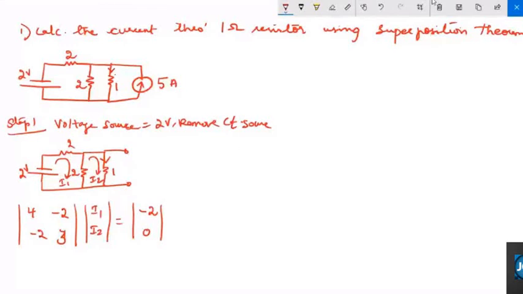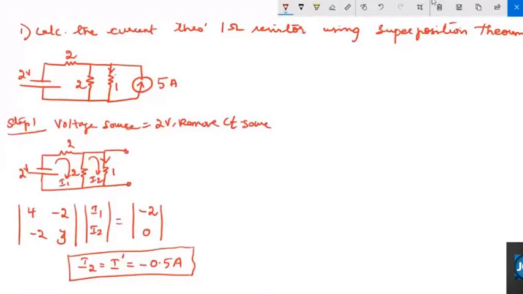So I2 is the current through your load due to the first source. Let me take it as I dash, which is equal to minus 0.5 ampere. Now this is your step 1. We got I dash. It flows downward through your 1 ohm. Now let me do step 2.